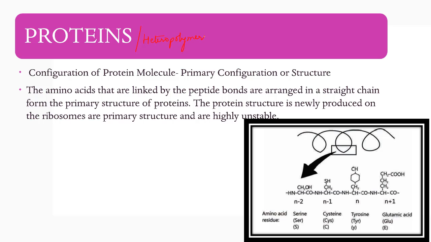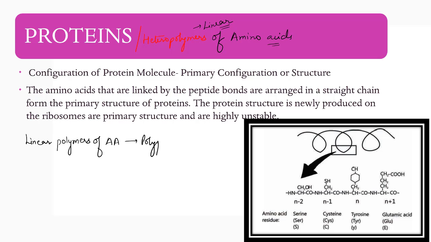The linear polymers of amino acids are called polypeptides. Linear polymers of amino acids are known as polypeptides.